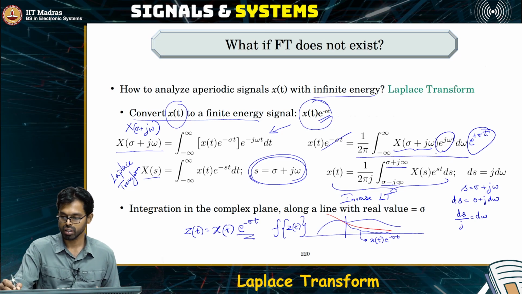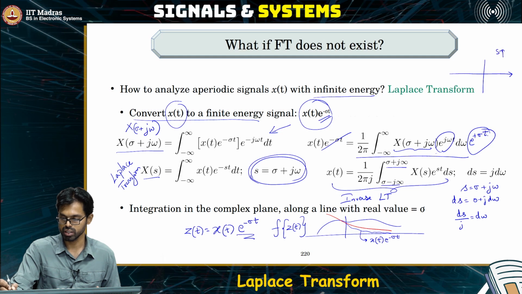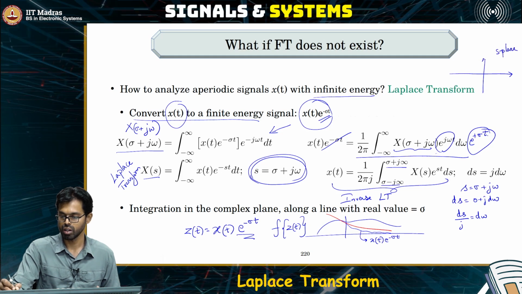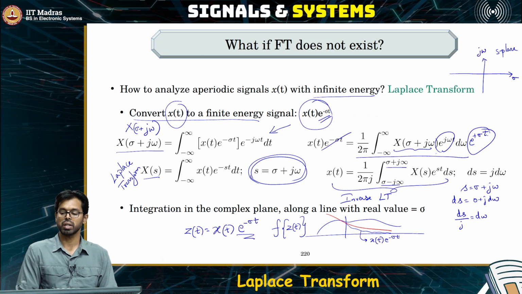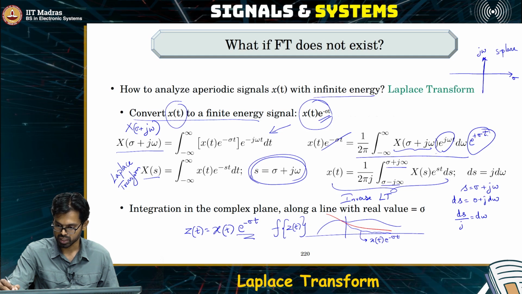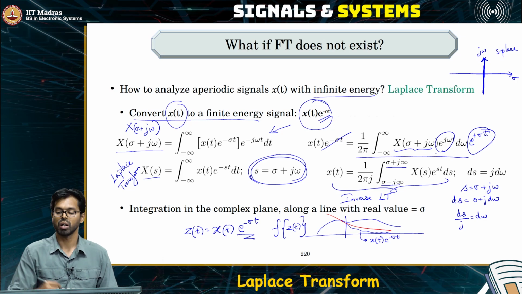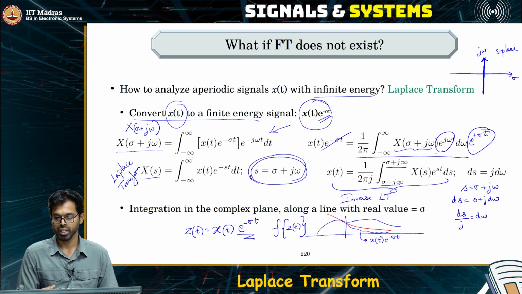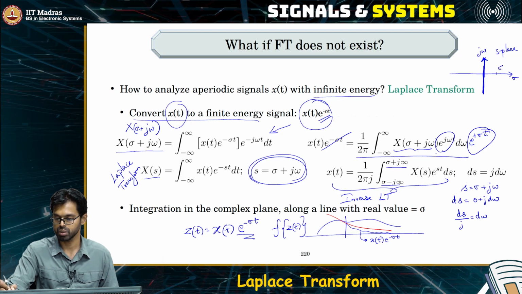We have to integrate over the complex plane. So let's call this the S plane. There is a sigma, which is the real part, and there is also the imaginary part omega. Earlier we were integrating along this line, basically the sigma equal to 0 line alone, so there was no issue. Now we have to integrate along a different line, let us say some sigma naught.